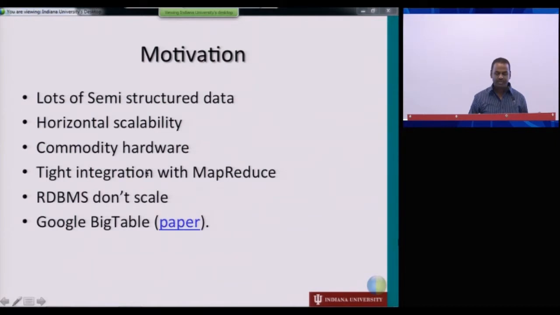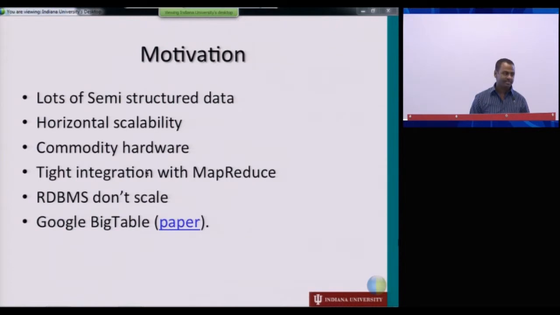The idea of HBase is originally from Google. Google came up with this thing called Google Big Table. The motivation behind that is Google had a lot of data which is semi-structured and very, very large. So they wanted a storage system where they can do random reads and writes for this data, as well as a system with horizontal scalability.